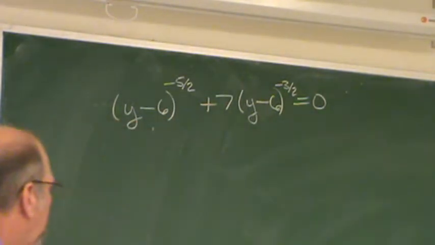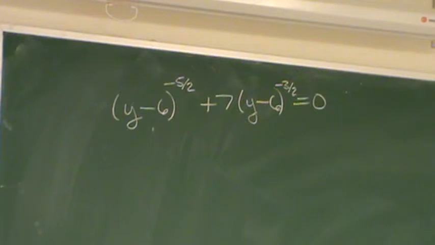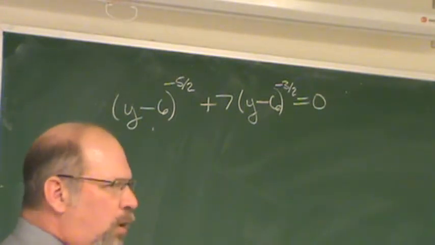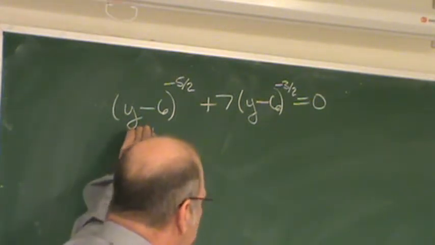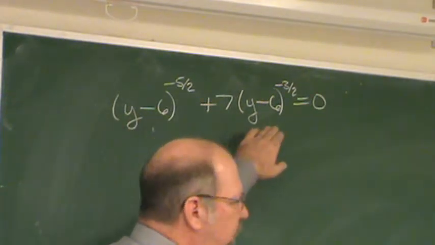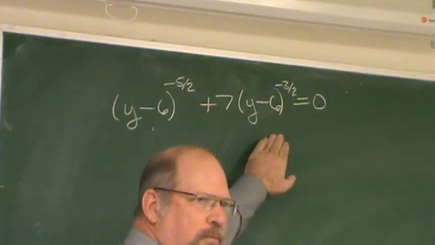Now, first off, this is not a polynomial, right? We have ugly numbers for exponents. Second, you see y minus 6, and then the same thing, y minus 6, yes?